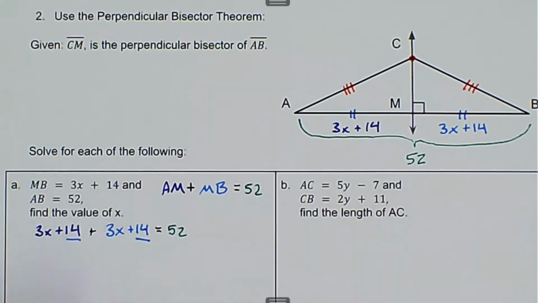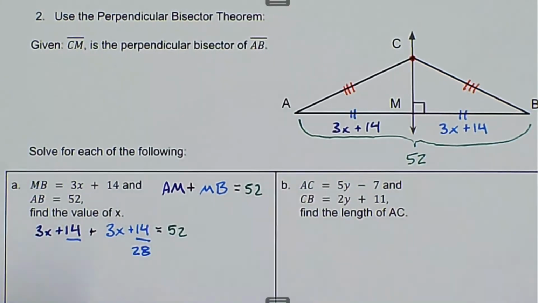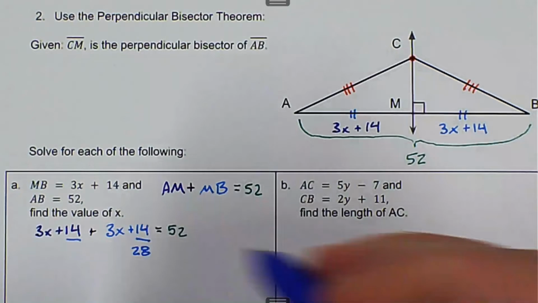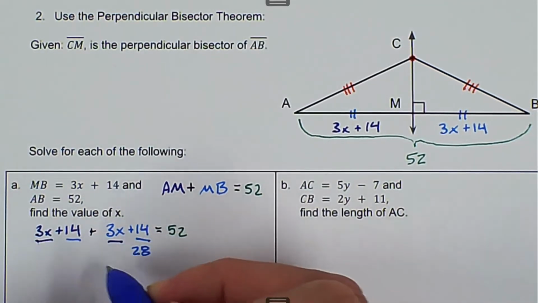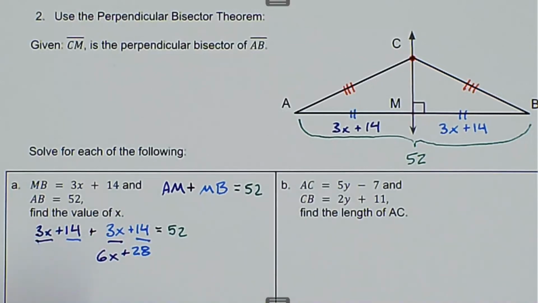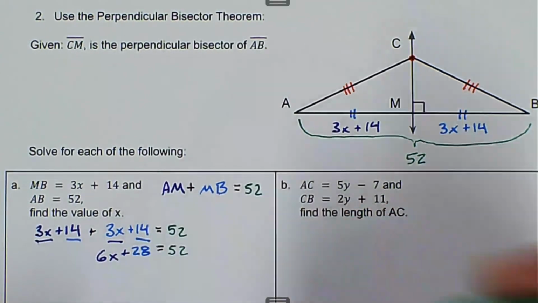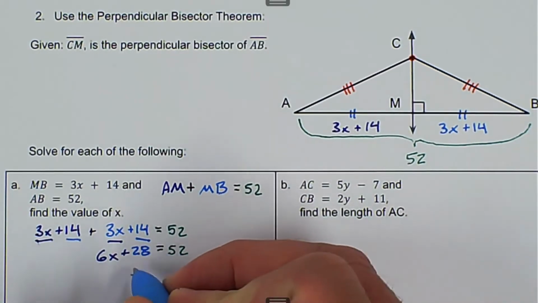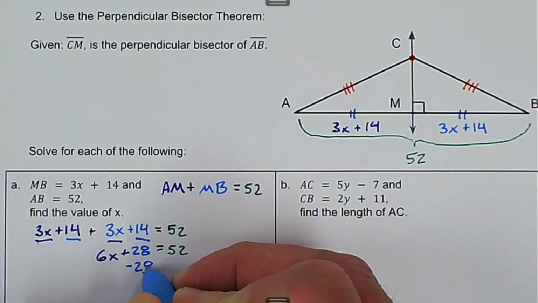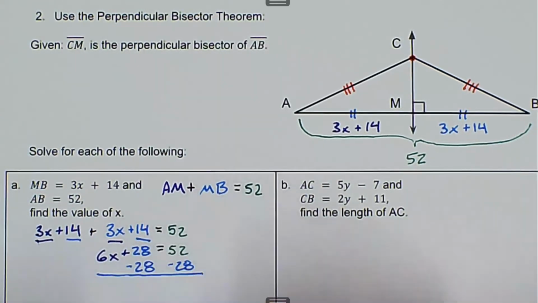So 14 plus 14 is 28. And 3x plus 3x is 6x, and we're adding those together, and that is equal to 52. So now we have a two-step equation. We want to get rid of the 28, so we subtract 28 from both sides of the equal sign.